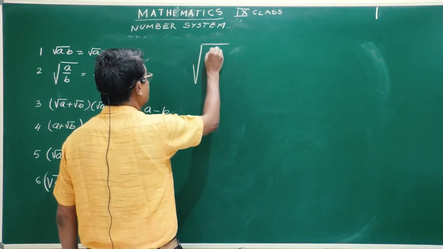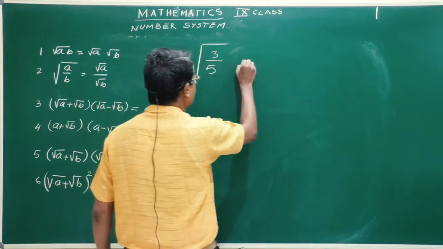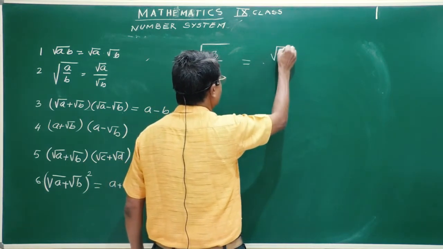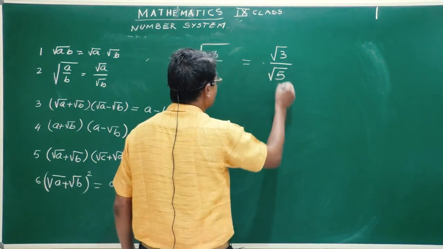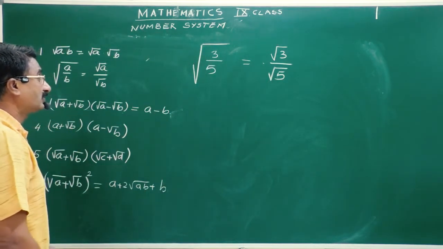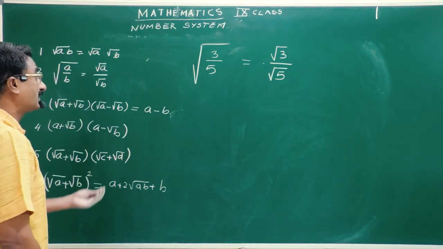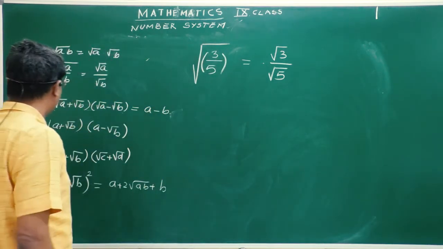I am taking one example, say 3 upon 5. So this is equal to under root 3 upon under root 5. This is a very simple thing; you can understand. You can separate it as under root 3 upon under root 5, or you can write under root 3 upon 5.